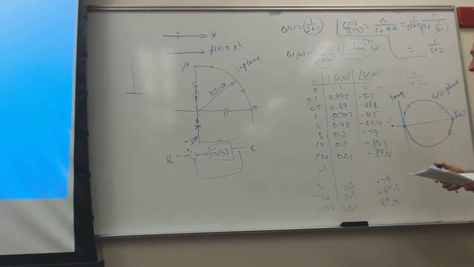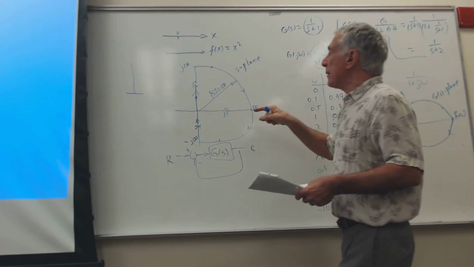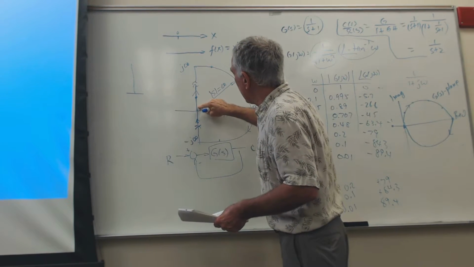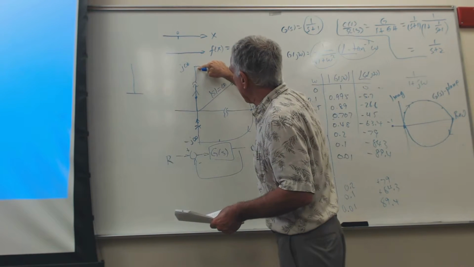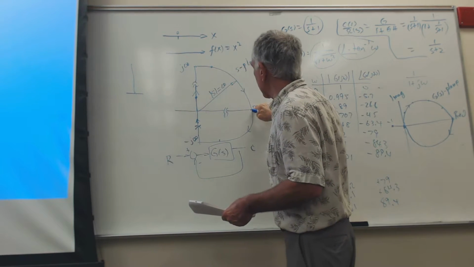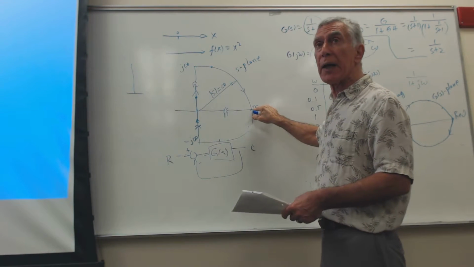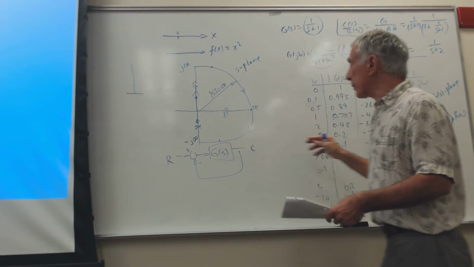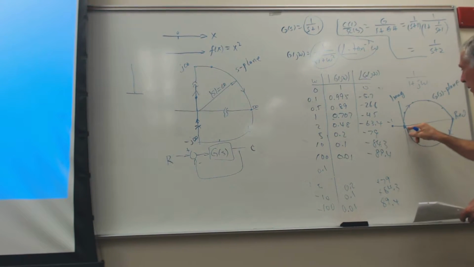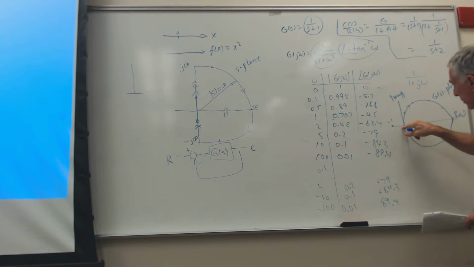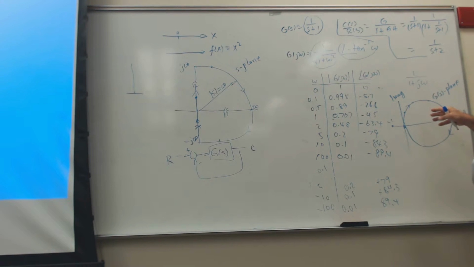So actually, all we have to do then is map points along this positive imaginary axis and then along this contour here. Once we have that, we just take whatever we found here, and then the origin, we take the mirror image of that about the real axis, so it flips around like that. And the direction is going to be consistent. It's not going to change direction.